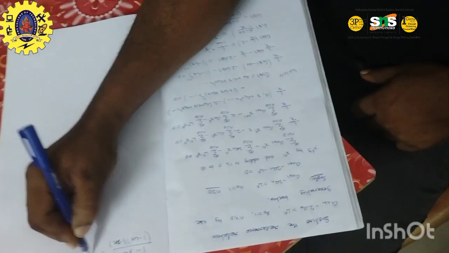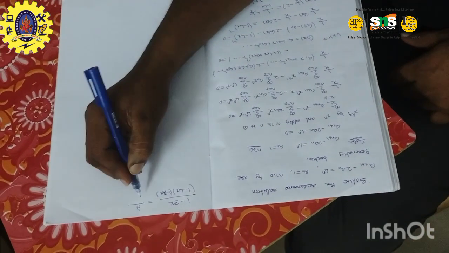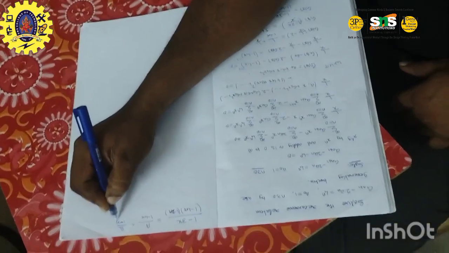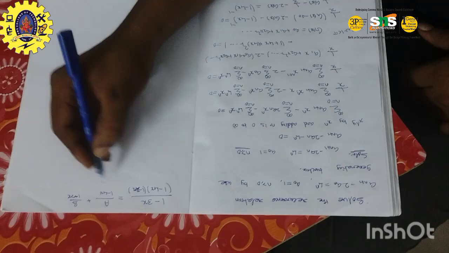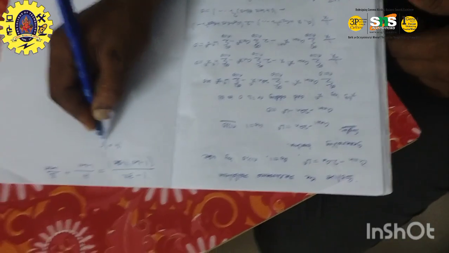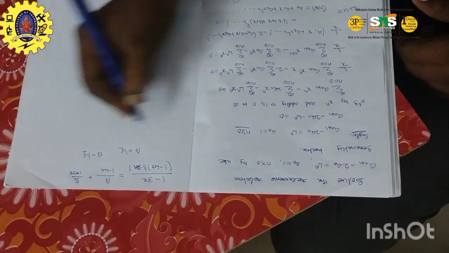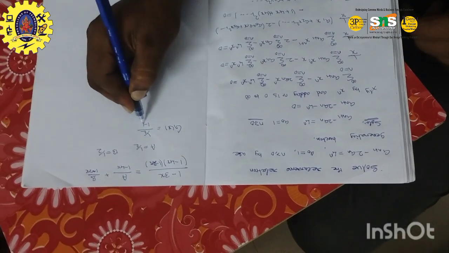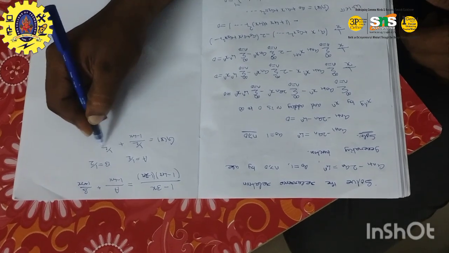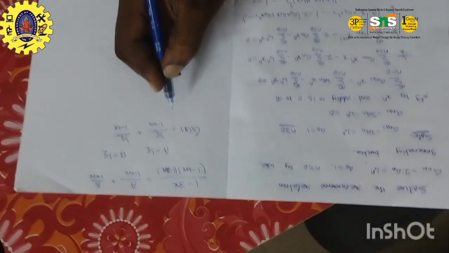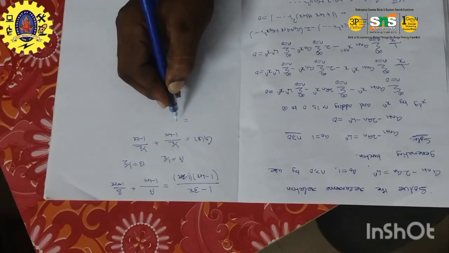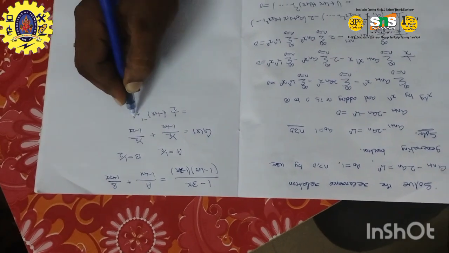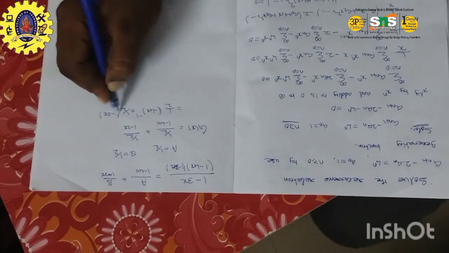Using partial fractions, A = 1/2 and B = 1/2. Therefore g(x) = (1/2)/(1 - 4x) + (1/2)/(1 - 2x), which is 1/2 times (1 - 4x)^{-1} plus 1/2 times (1 - 2x)^{-1}.